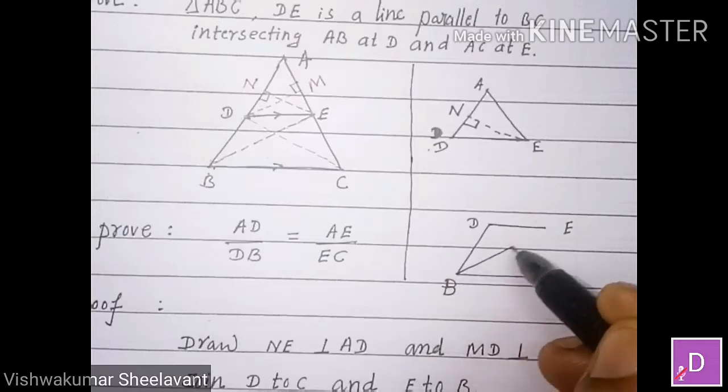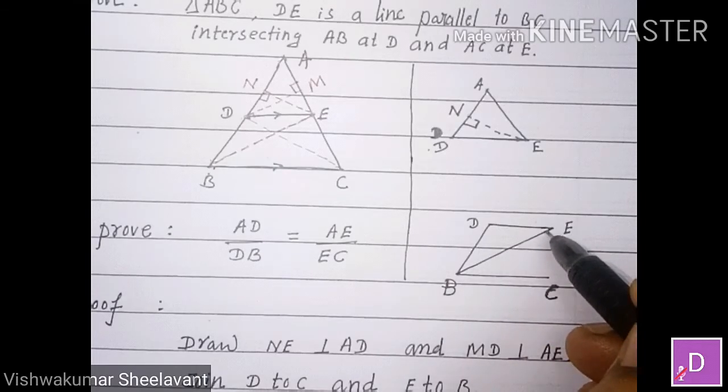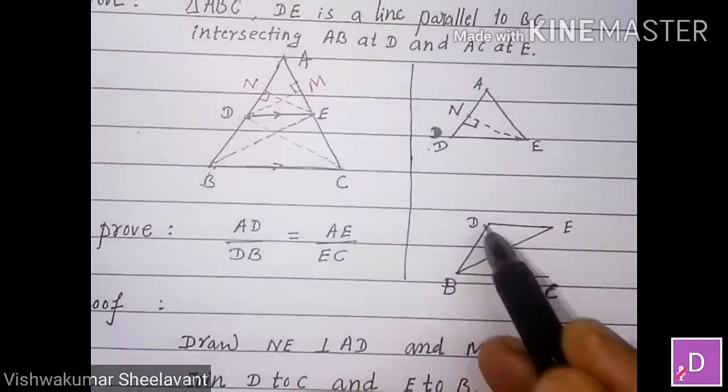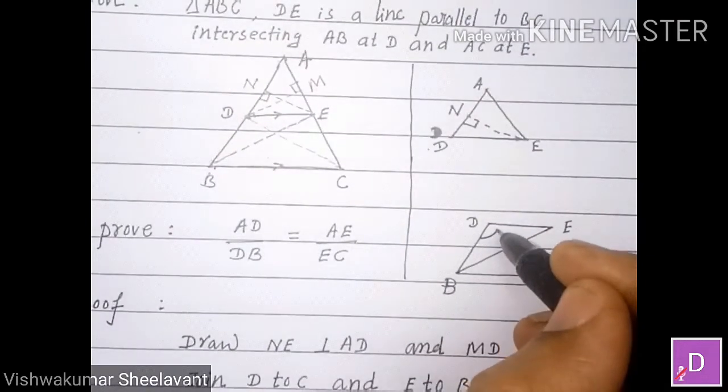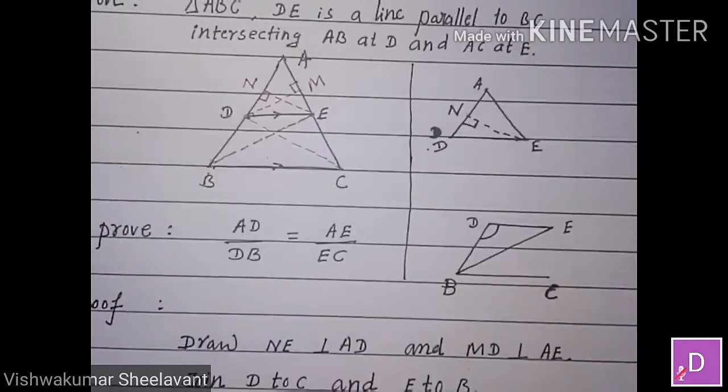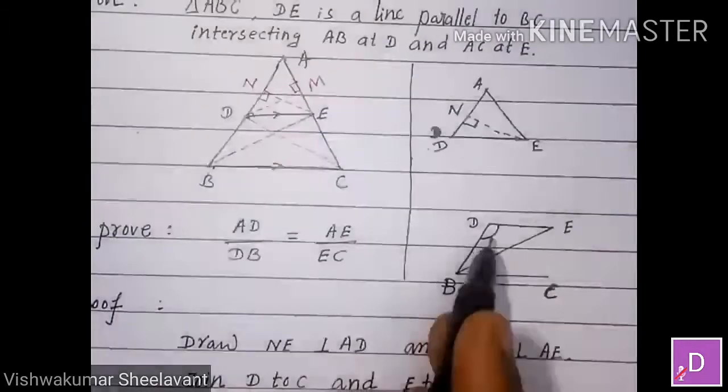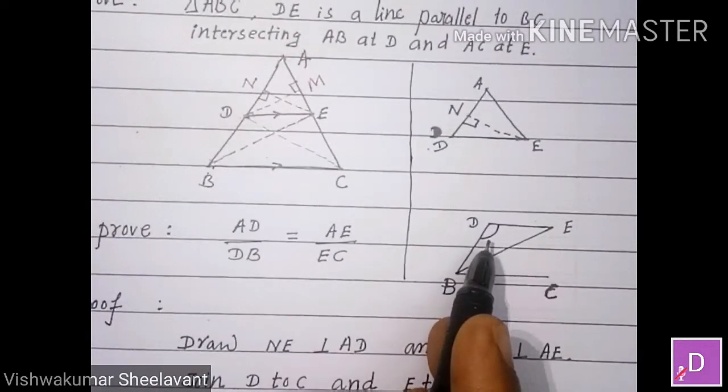From here to here you have joined to get a triangle BDE. If you look at this triangle's angle D, it is obtuse angle. That means more than 90 degree.